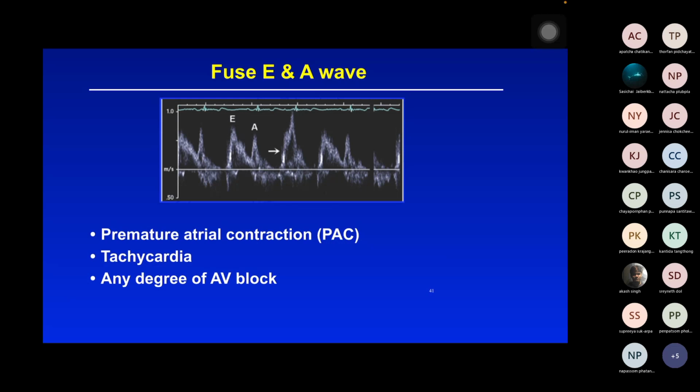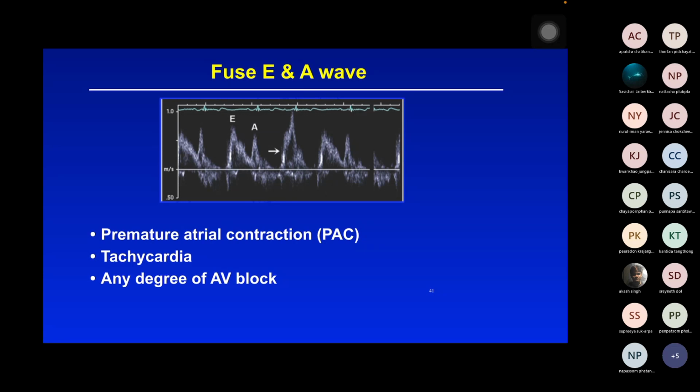From this picture, you see normal E and A waves, but at the arrow point here, you see the fused E and A wave. What happened at the arrow point is different from the other beats.